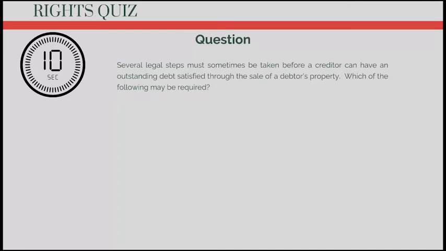Several legal steps must sometimes be taken before a creditor can have an outstanding debt satisfied through a sale of the debtor's property. Which of the following may be required? A, judgment.